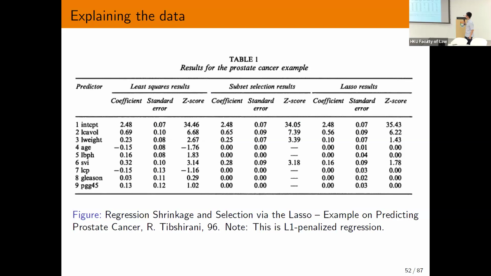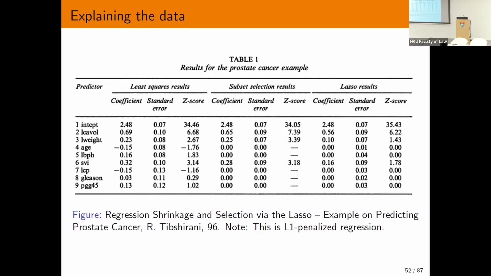So here's an example from this paper from '96 on linear regression with an L1 penalty term. This is used as an example for predicting the onset of prostate cancer based on a number of important health markers. The intercept is not important, then the weight, age, and then I think some of these are risk scores that are associated with prostate cancer as well.